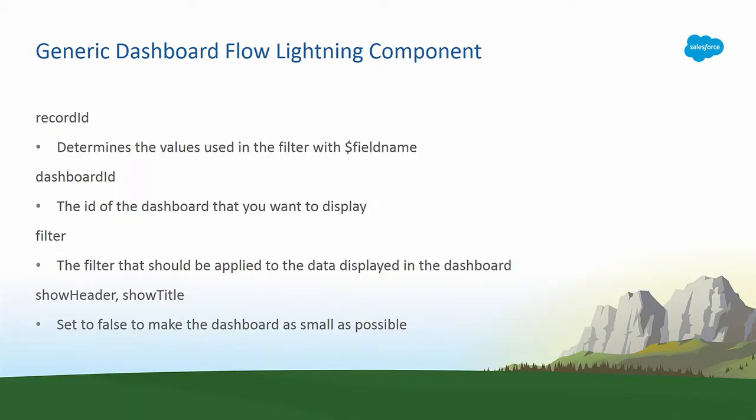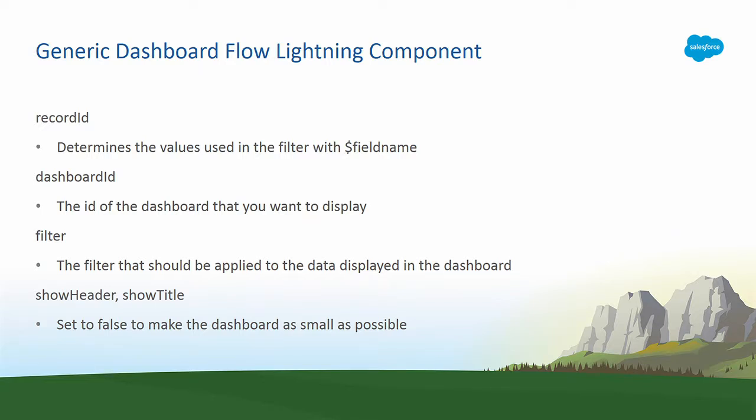The record ID is where the filter criteria later pulls out the field values. We will use $ID, which is pretty much the most used filter criteria when you want to narrow down on an object or an account or whatever. Dashboard ID is the dashboard you want to display.